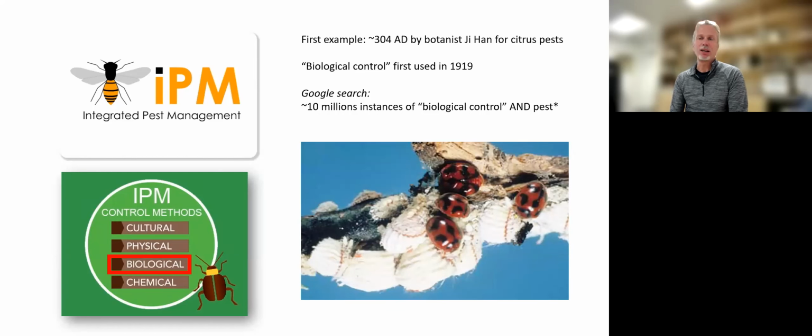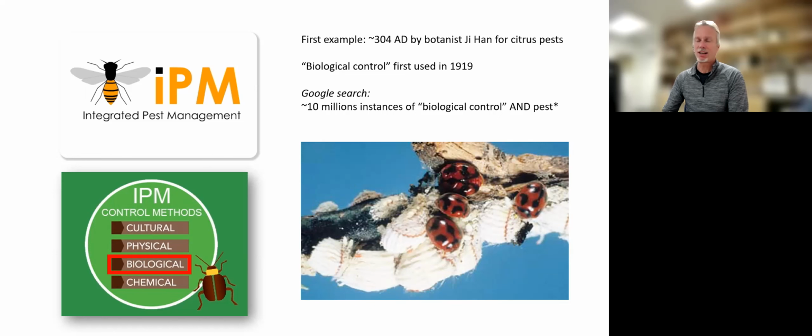Integrated pest management includes biological control, and it's something that as humankind we have been doing for centuries, almost a couple of millennia. There are examples that date back 1,700 years ago. Biological control was first used more than a century ago at this point. And if you Google biological control, you'll find tens of millions of instances.